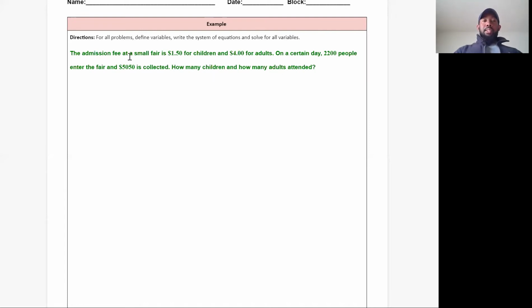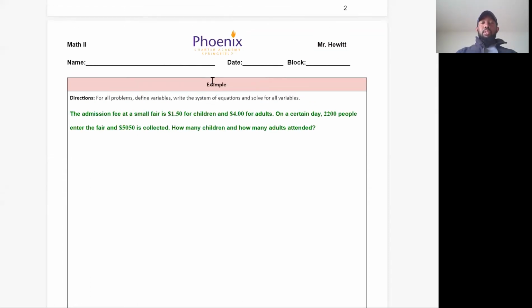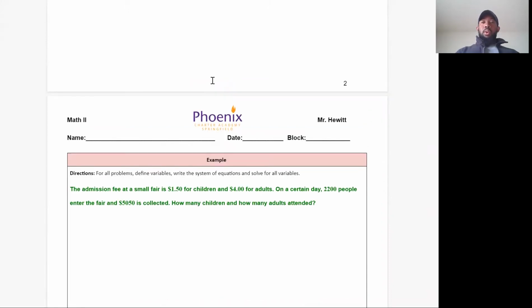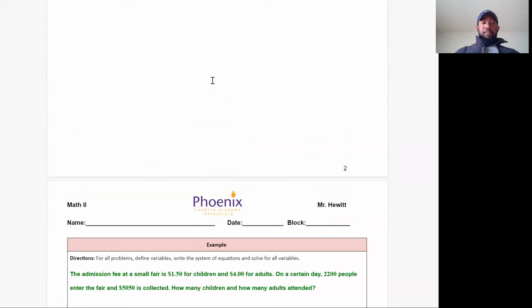Well, obviously that's not given in the problem, and that's why that's asked here. So we could define our variables as A for adults and C for children, okay? In a minute, I'm going to write that on my whiteboard so that you can see, okay?